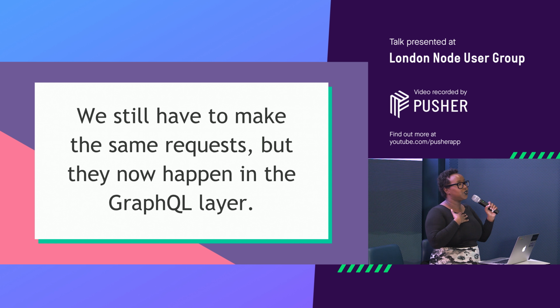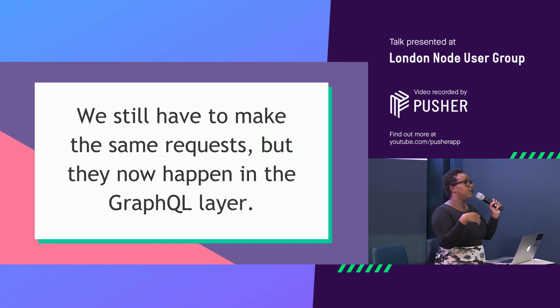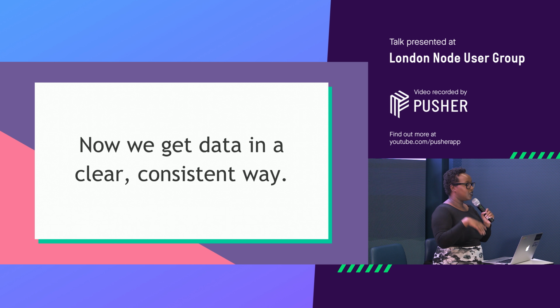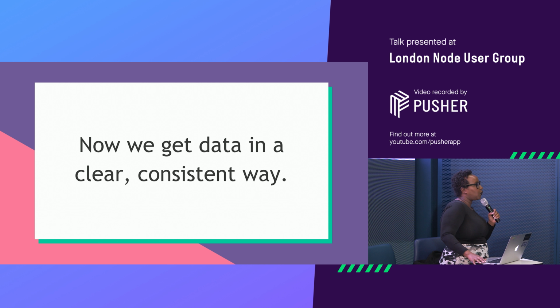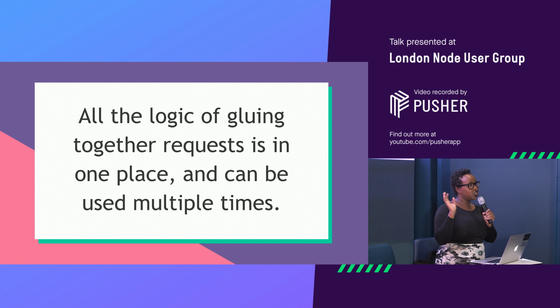And as developers, when we're building our client-side application, we just have to think about one query. So it kind of helps clear your mind a little bit. Now we can fetch data in a clear, consistent way. All the logic for gluing the data together has moved to our GraphQL layer, and it does it seamlessly.